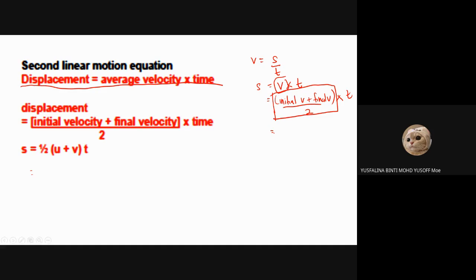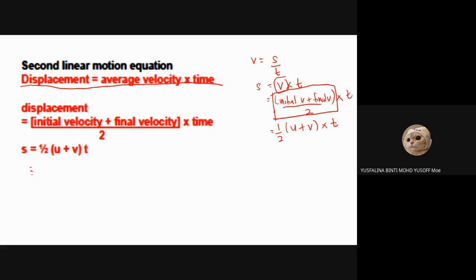Then you take out the 1 over 2 here, you factorize it, so it will become half of U plus V multiplied by T. So are you clear about the second linear equation? Do you understand how I derived the second linear motion equation? Anything you want to ask, teacher?